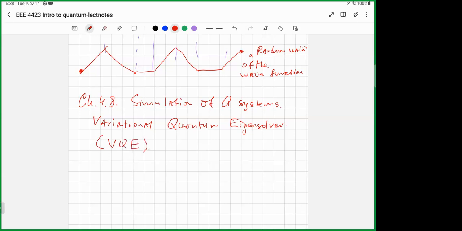So VQE allows one to define, for example, the ground state of a molecule. And this is extremely important for designing molecules, designing chemicals, and in particular for designing medicals, right?